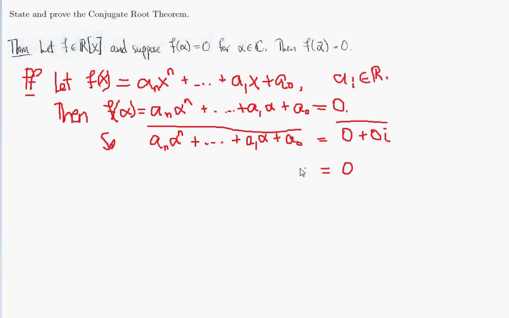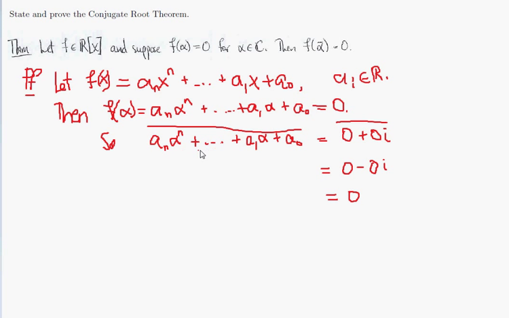Now, that's important as we go on throughout the proof. So let me write out 0 minus 0i at this step, and that will be equal to 0. And the important thing is that the conjugate of a real number is the number itself. Now that'll be important, especially as we proceed on the left-hand side.